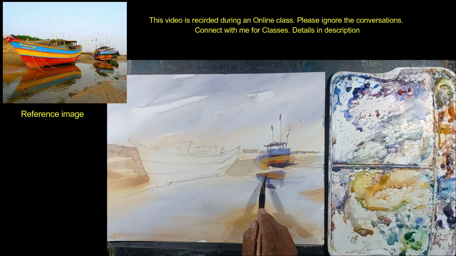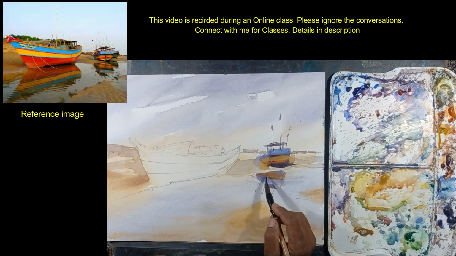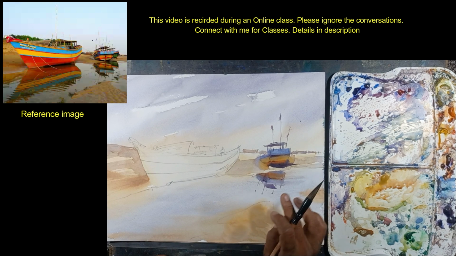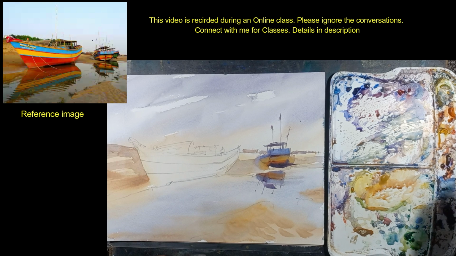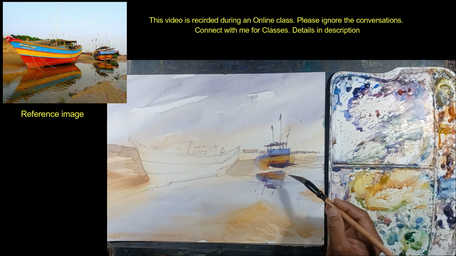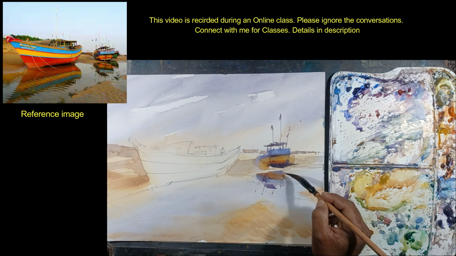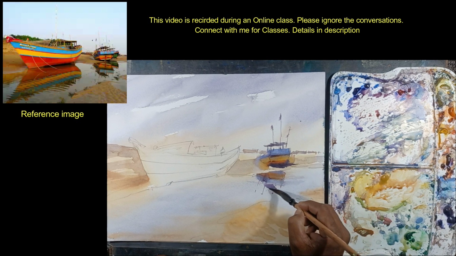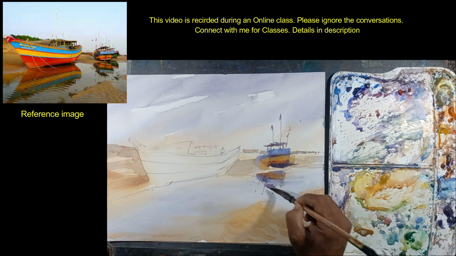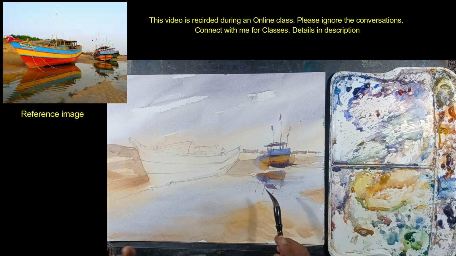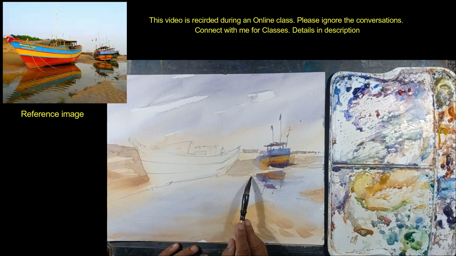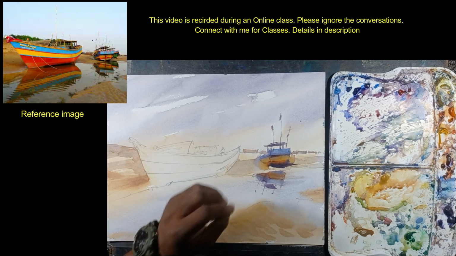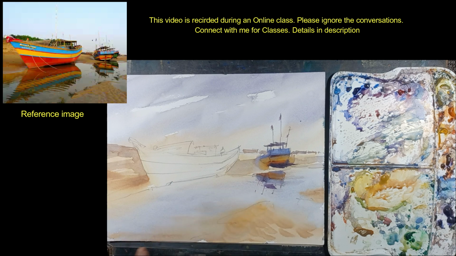And what I'm doing upside, I'm doing the same thing downwards also. And I take a damp brush and I try to give this picture a little bit of haziness, because it is water. Water will have a little bit of jittery effect. So I'm just trying to blend some portion of the border. That's it.